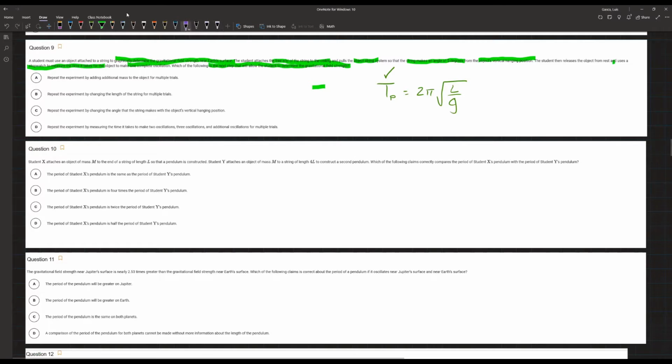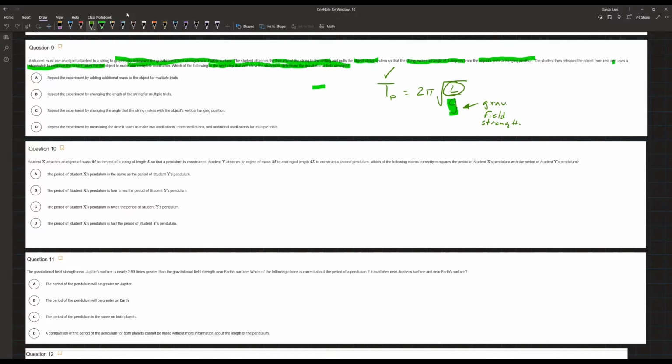And we're trying to find the acceleration due to gravity. Gravitational field strength happens to be the same thing as the acceleration due to gravity. So what else do we need? Well, 2 is just a number, pi is just a number. We need the length.